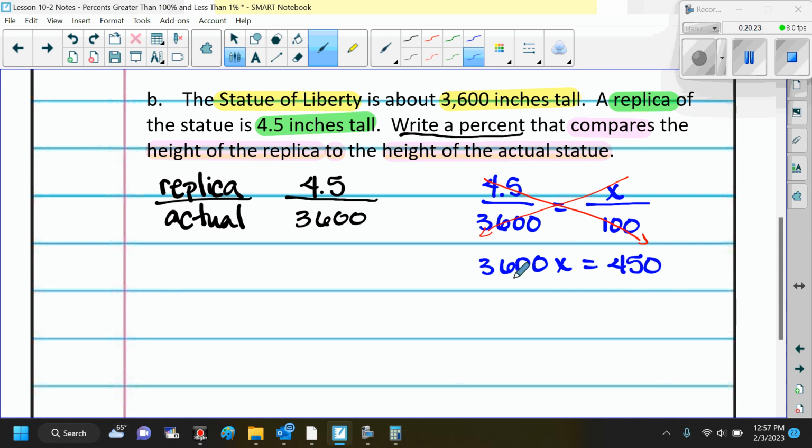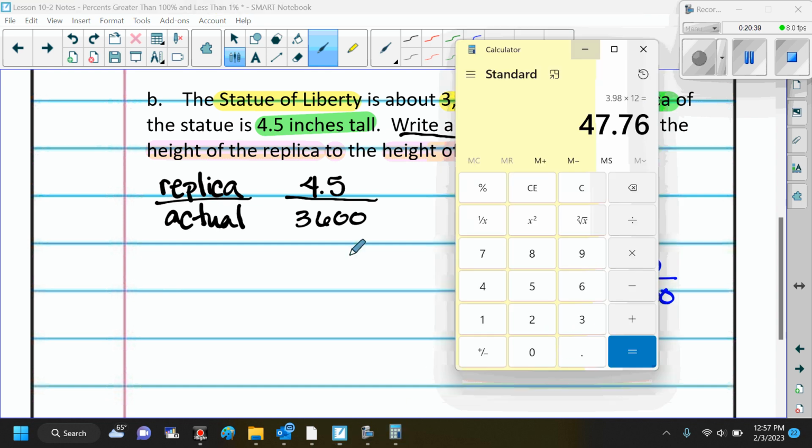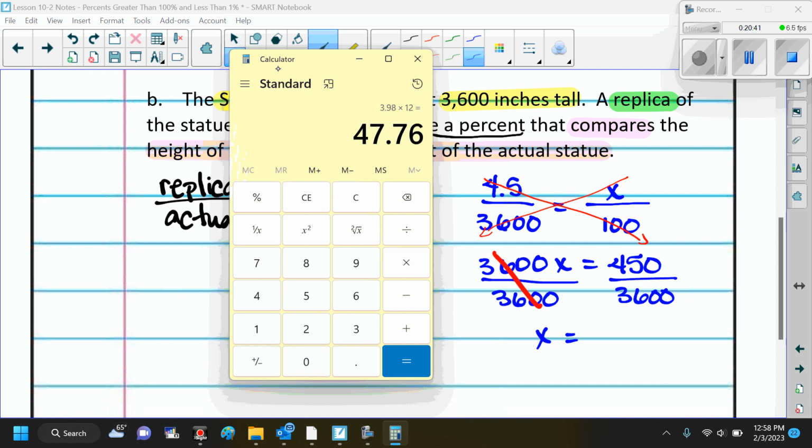Okay, now to get the x by itself, we're going to divide by 3,600. So these will cancel to 1, and x is equal to, let's get our calculator out, 450 divided by 3,600, and that's 0.125.